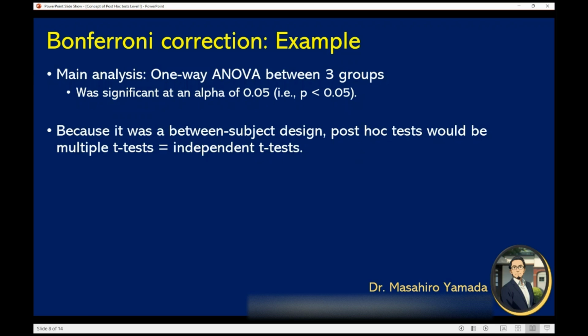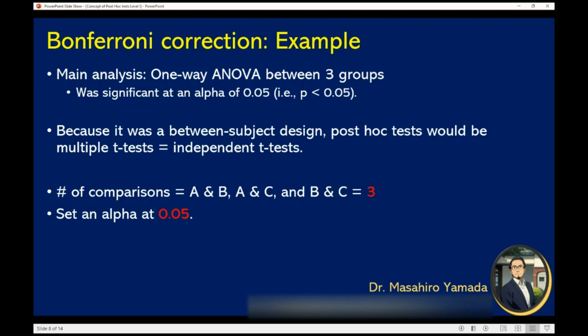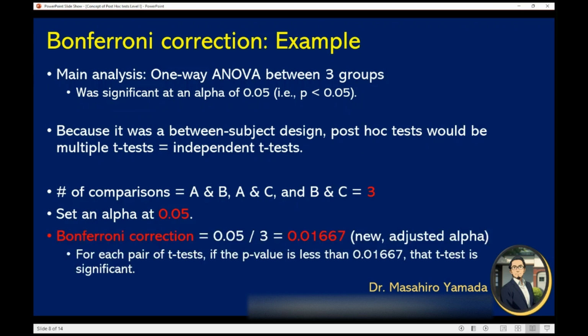Because it was a between subject design, your post hoc test, a pairwise t-test, should be an independent t-test, right? When you have 3 levels, all possible pairs would be 3: A and B, A and C, and B and C. So you set an alpha, then you just divide by 3, which gives you 0.01667.